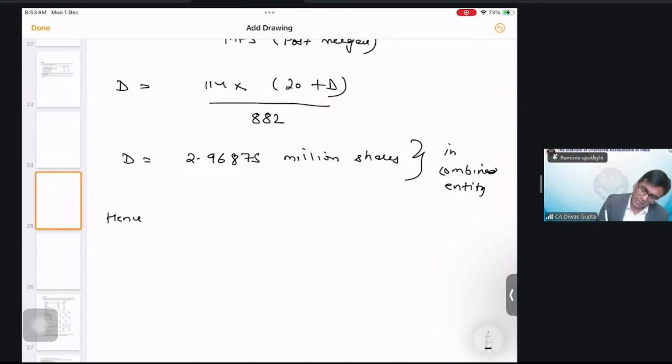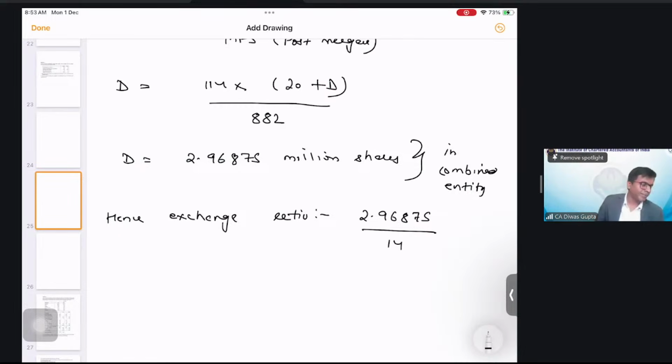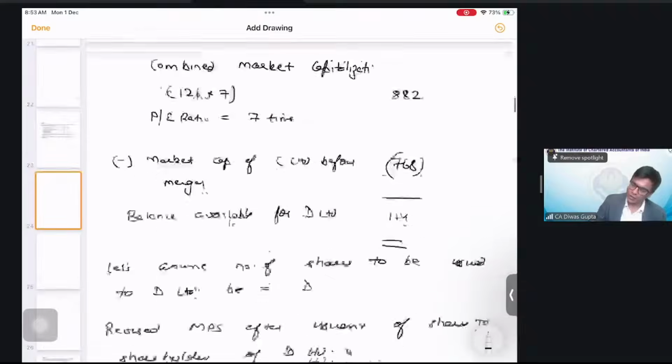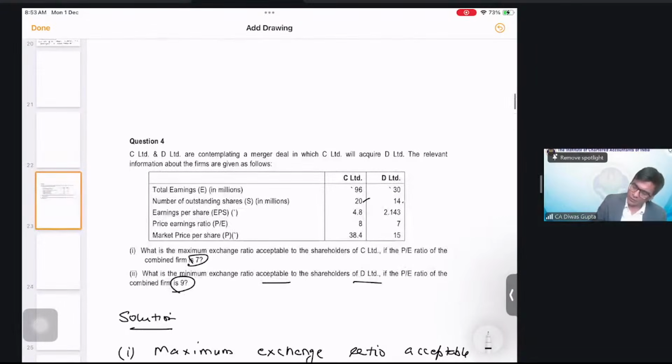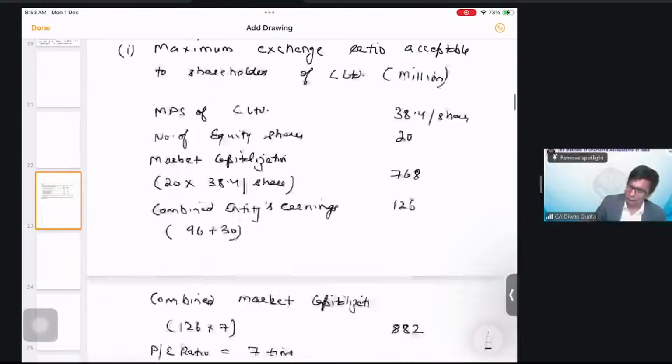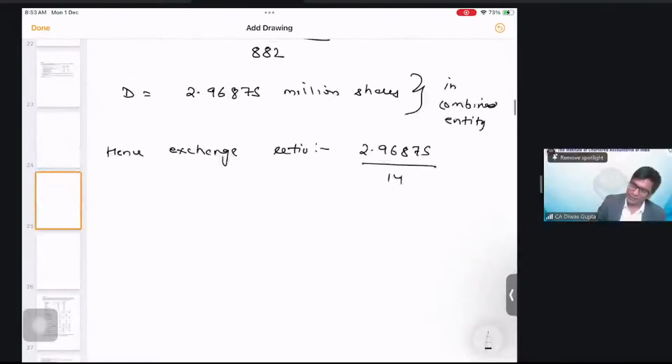Hence, exchange ratio is 2.96875 divided by 14. Correct? These were the original number of shares of D Limited. So the exchange ratio is coming out to be 0.212:1.